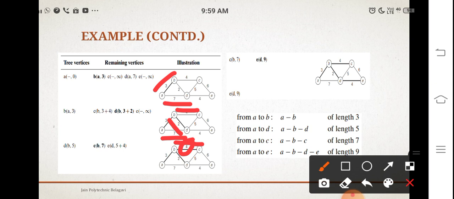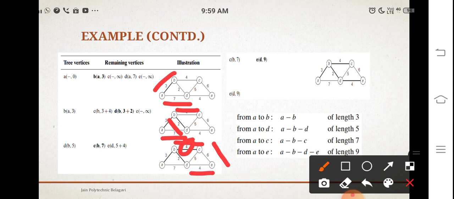So we are having here D to E is 4 and C to E is 6. So among these two, D to E is the smallest weight. So that is the reason we are going to select D to E.